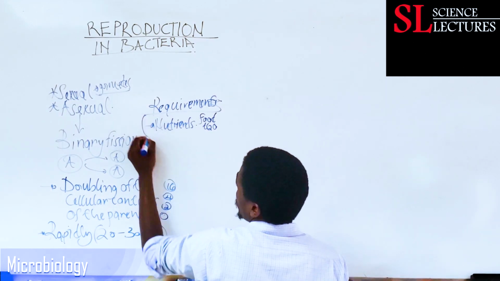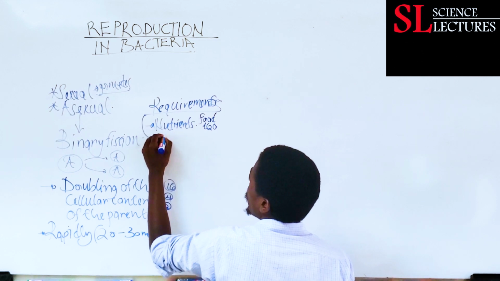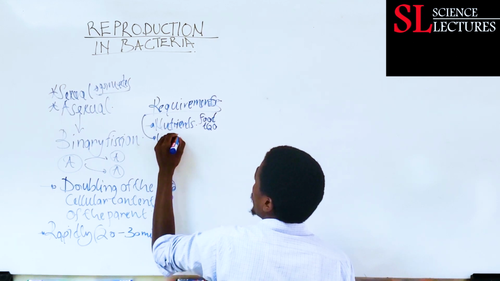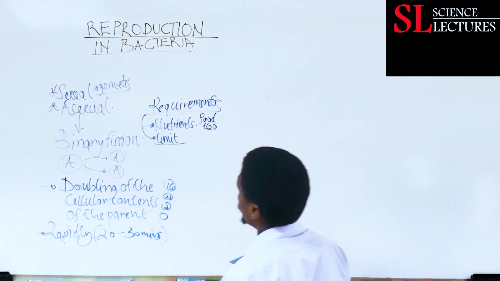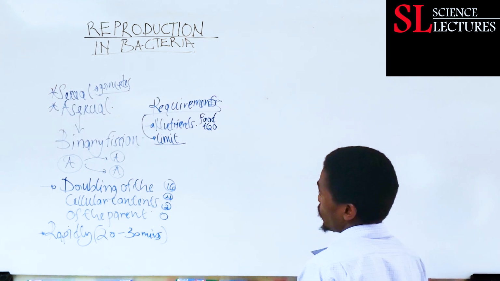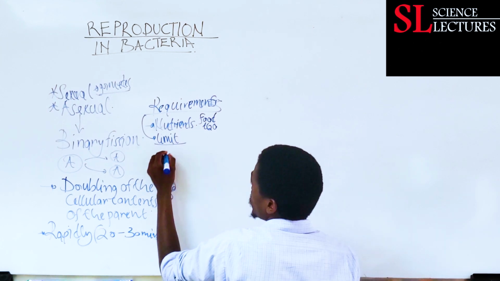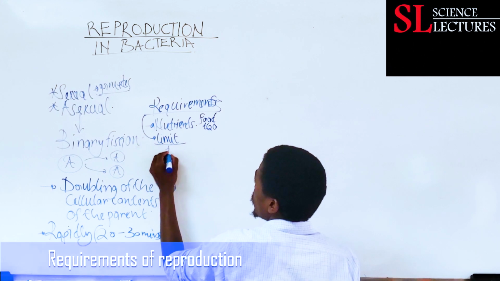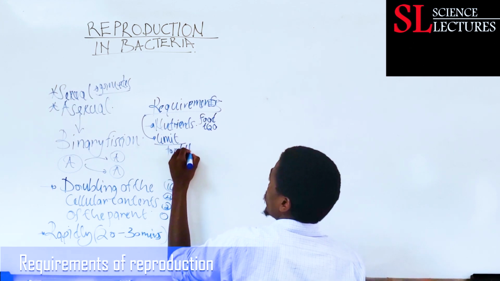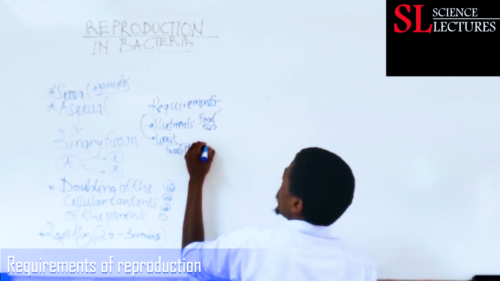But what are some of the things that will limit growth of these bacteria in the environment? What limits this rapid multiplication? Number one is limited food. They don't have food, they don't have water, they lack the nutrients.